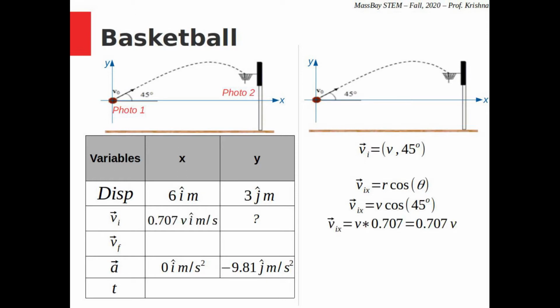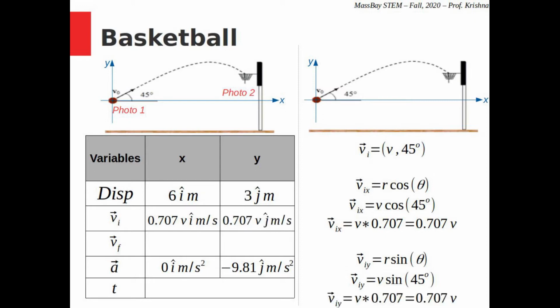The cosine of 45 degrees is 0.707, so v initial in x is 0.707 v. The y component is v sine 45 degrees. The sine of 45 degrees is also 0.707, so vi in the y direction is also 0.707 v.